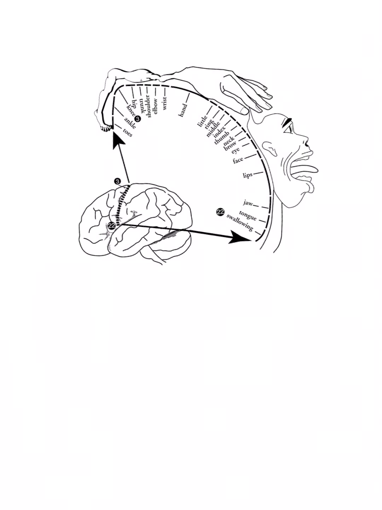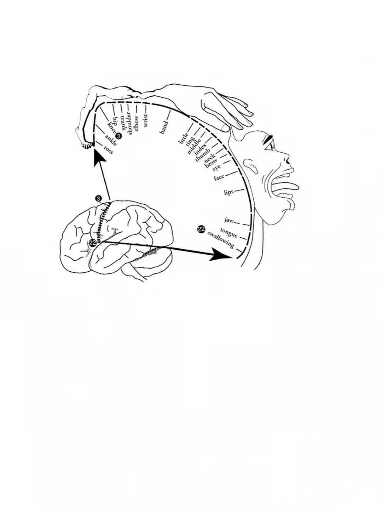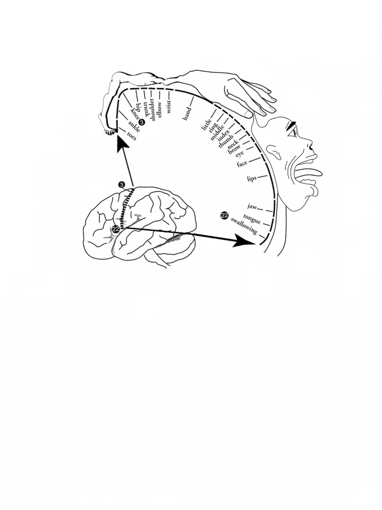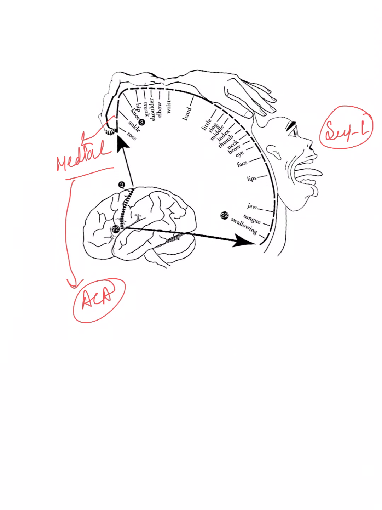In continuation of the previous slide, I was talking about the vascular territory of the brain. See, this is the medial surface, and this is the superolateral surface. The medial surface is the territory of the anterior cerebral artery and the superolateral surface is the territory of the middle cerebral artery.